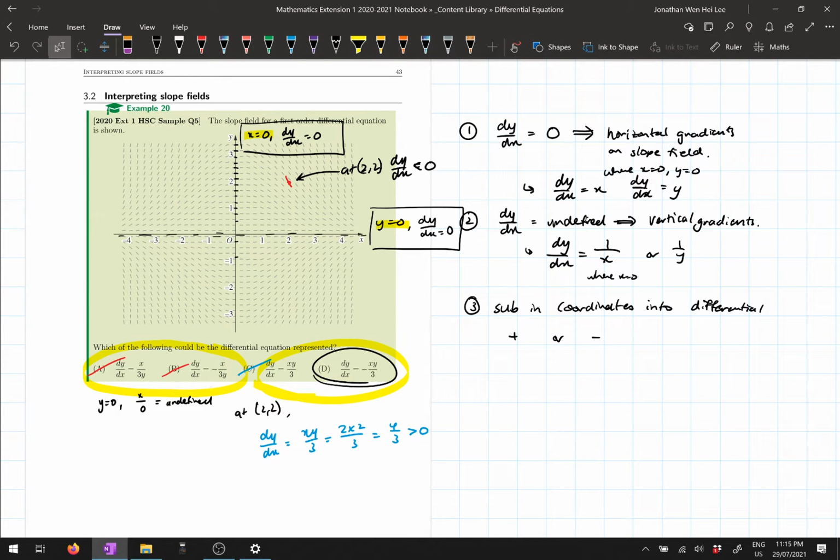The next thing is I'm looking for when the gradient is undefined, so where you've got vertical asymptotes, or vertical gradients. That just means something like 1 over x, so it's at the bottom of my fraction: the denominator is equal to 0. Okay, cool. So we've got D for that one.